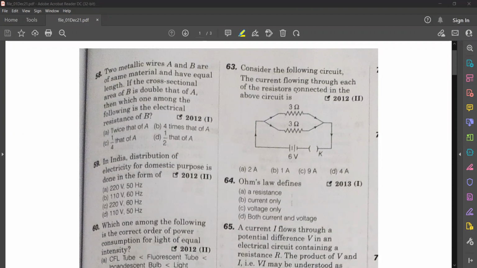The current flowing through each resistor connected in the above circuit is. Okay, so find out. If you look at this, you have two 3 ohm resistors connected in parallel. You have to find what is the current through each of these resistors. Please try.